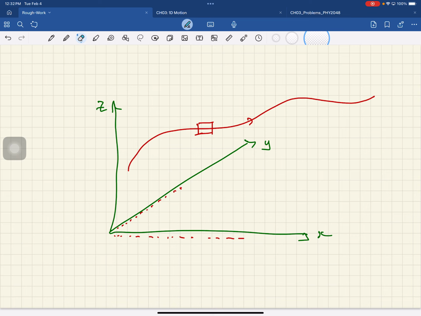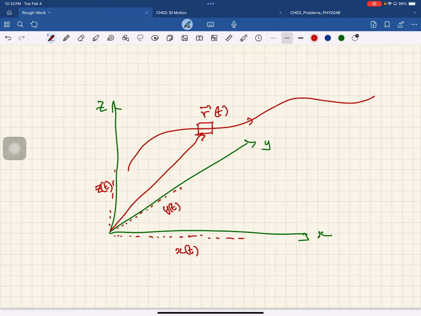So we can give you your x-coordinate as a function of time. You might know this notation or not, there's your position at time t. There's your x-coordinate as a function of time, here's your y-coordinate as a function of time, and here's the projection along the z-axis as a function of time.